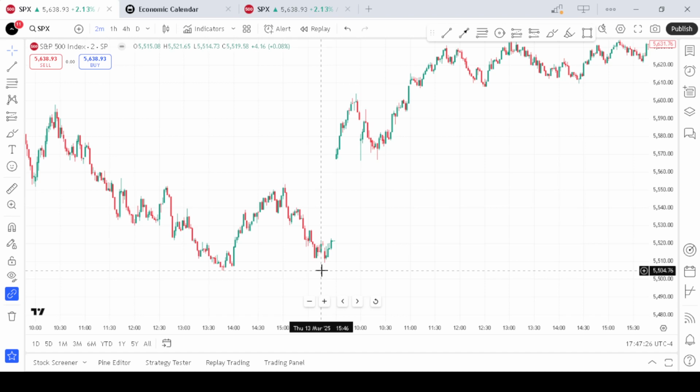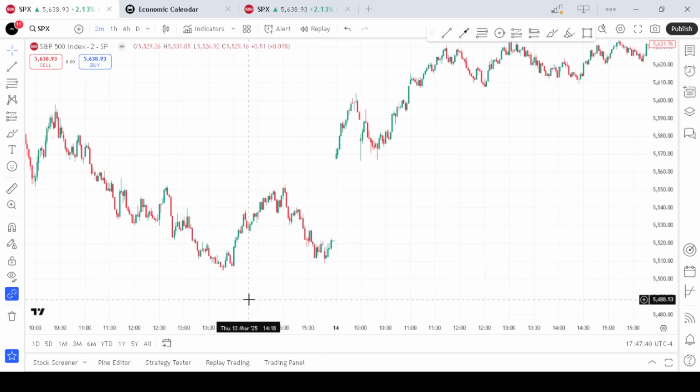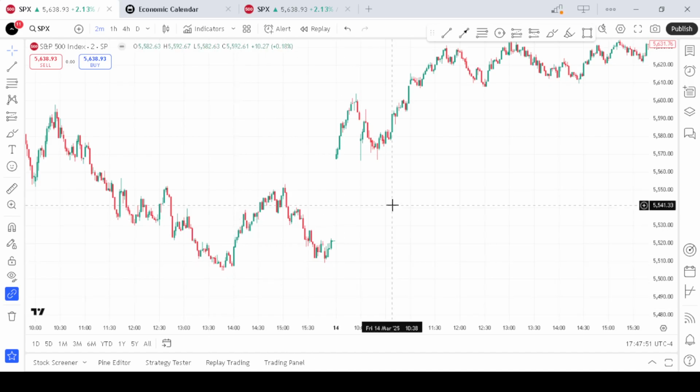Whether you are a novice trader or a market veteran, this tutorial will equip you with the knowledge to leverage the TradingView Stock Screener for more informed trading decisions. Stay tuned until the end of this video to discover how this tool can significantly enhance your trading process and potentially improve your trading results.